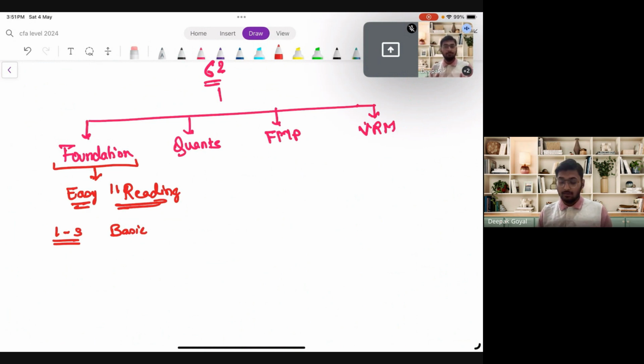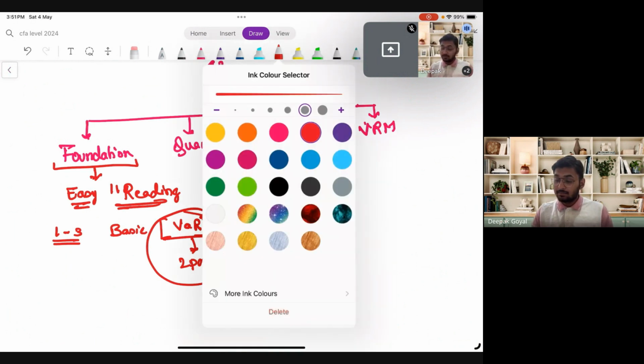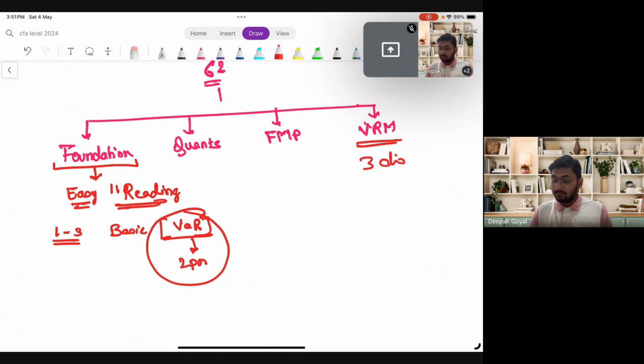Clear? So over here, you will see concepts like value at risk, VAR. Okay. But the author has given only 2 paragraphs over here in the introductory phase. Now a student will feel, sir, मुझे तो यहाँ कुछ समझ नहीं आया. Everything seems very difficult. Okay. But you know, this VAR, value at risk, is covered in 3 chapters. Over here, you will see the word hedging.